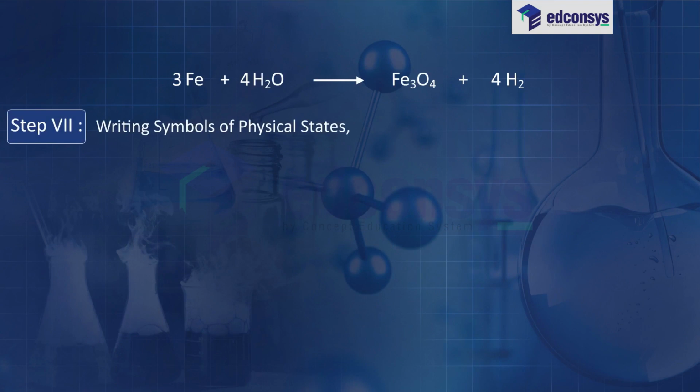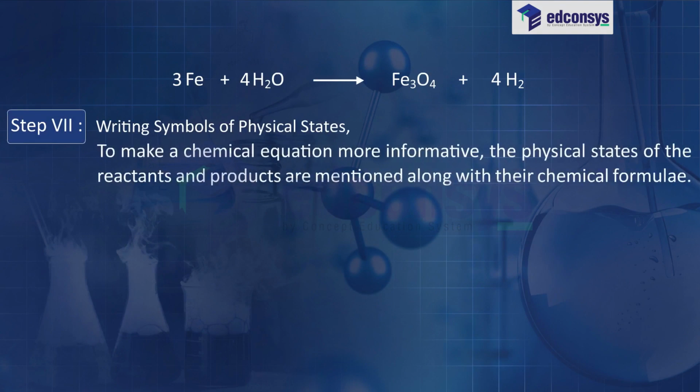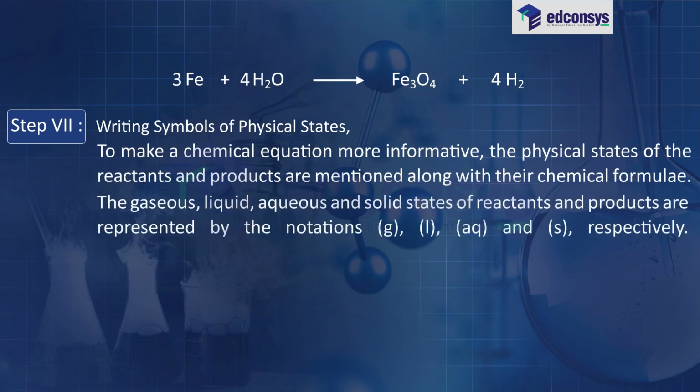Step 7. Writing symbols of physical states. To make a chemical equation more informative, the physical states of the reactants and products are mentioned along with their chemical formula. The gaseous, liquid, aqueous, and solid states are represented by the notations (g), (l), (aq), and (s) respectively.